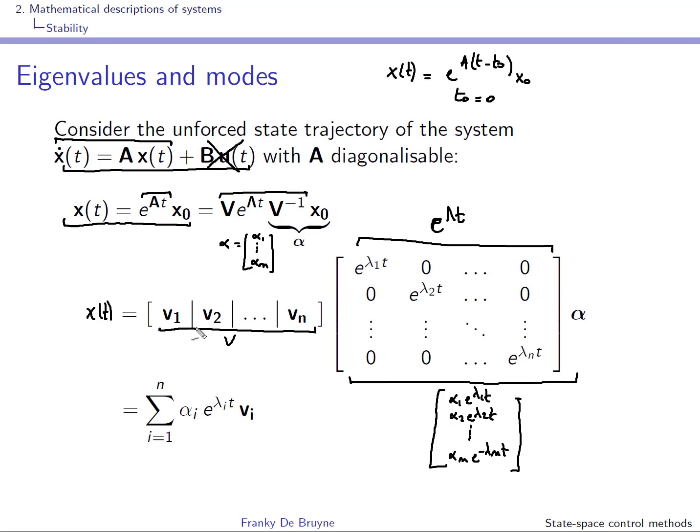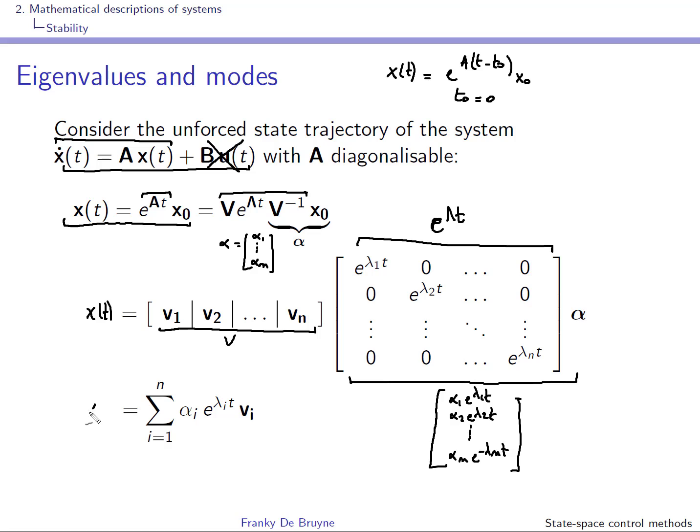Here we multiply a matrix with a vector, and we've seen in the activity linear algebra and applications that the result will be a vector, but it will be a linear combination of the columns of V. Remember that the columns are the eigenvectors, and this linear combination comes from the elements that you have in the vector.